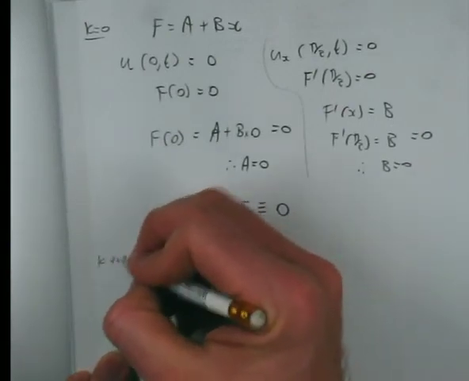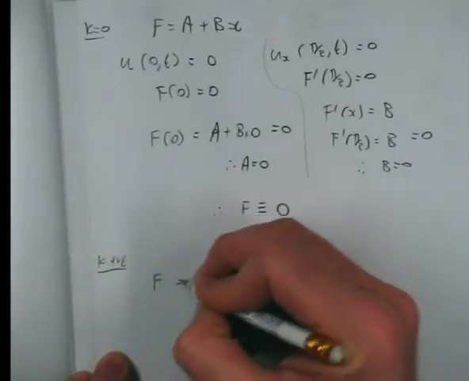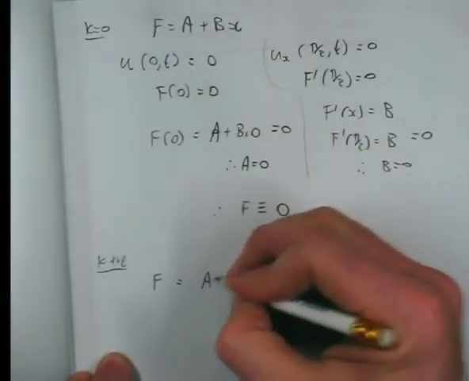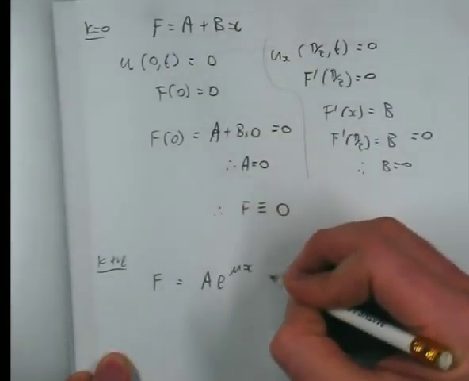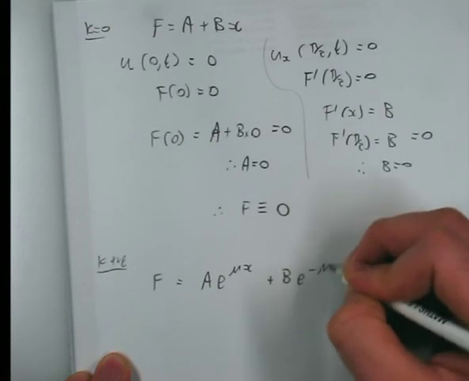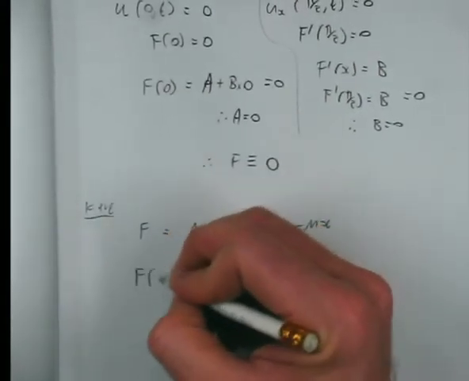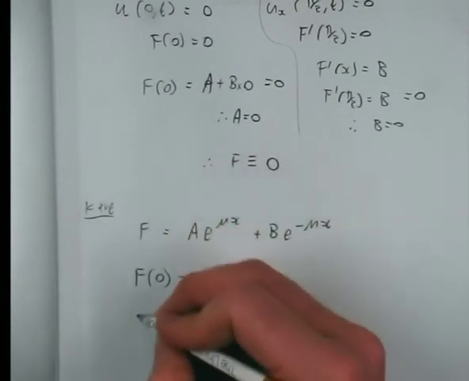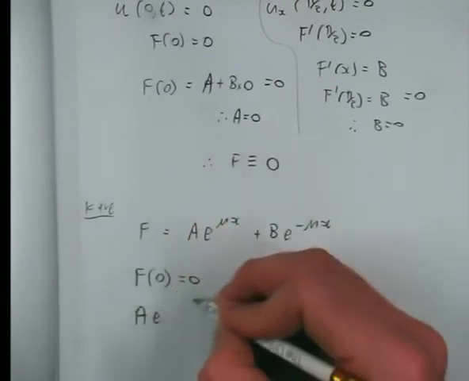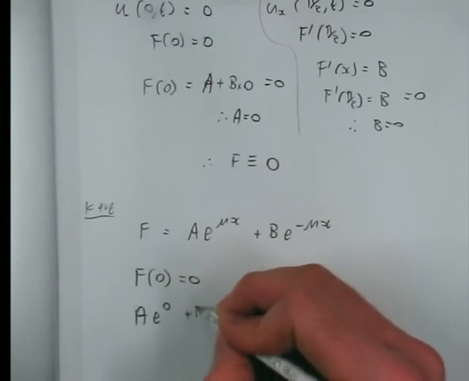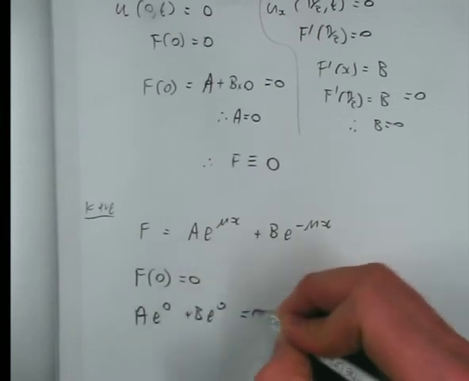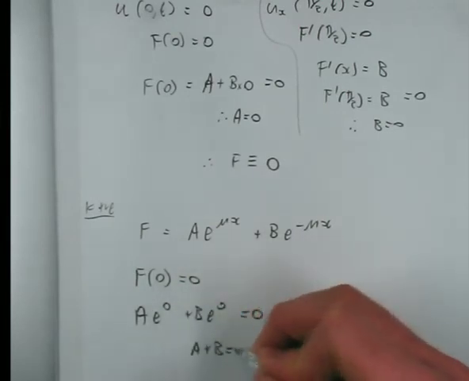When k was positive, I got that f was a e to the mu x plus b e to the minus mu x. And I know that f of 0 is 0, so that means that a e to the 0 plus b e to the 0 is 0, so a plus b is 0.